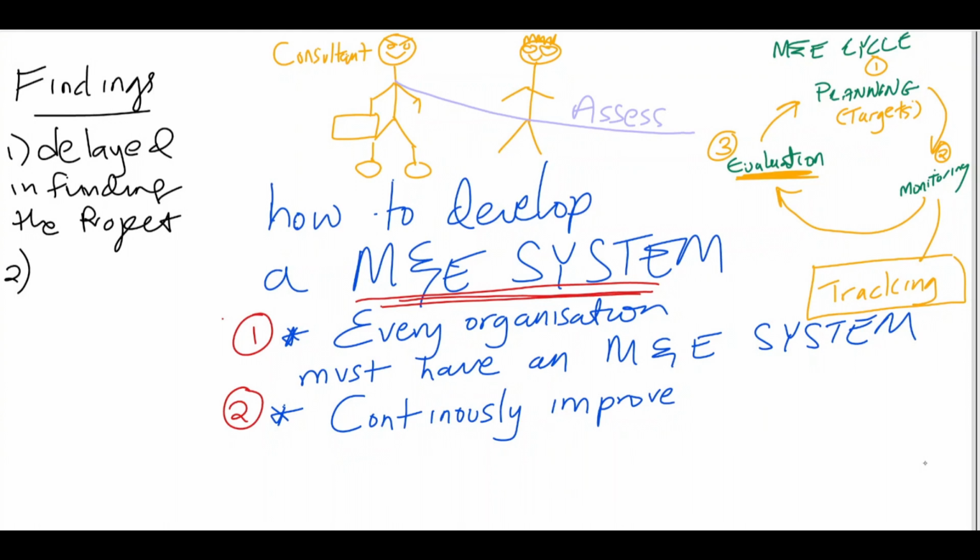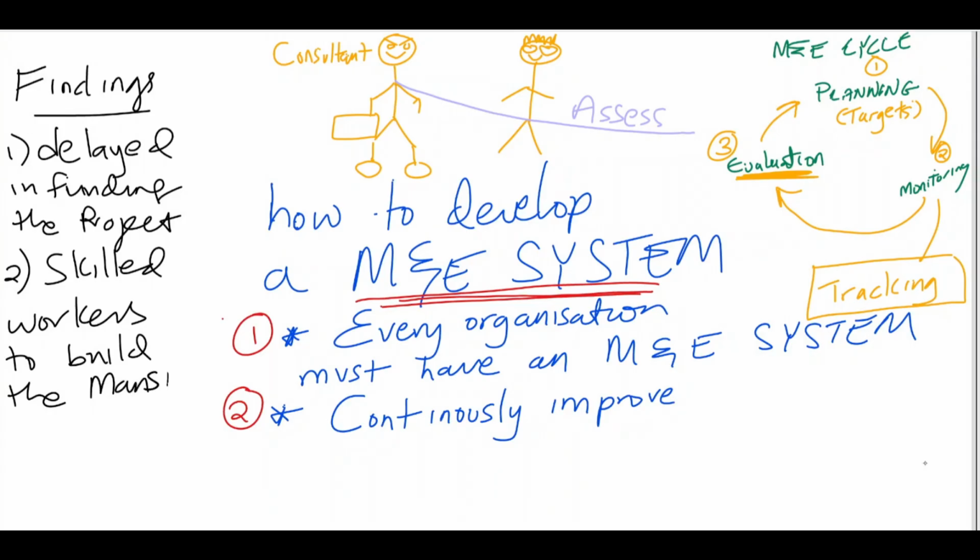Secondly, you did not have skilled workers to build the mansion. Thirdly, he might say that you also lacked commitment.